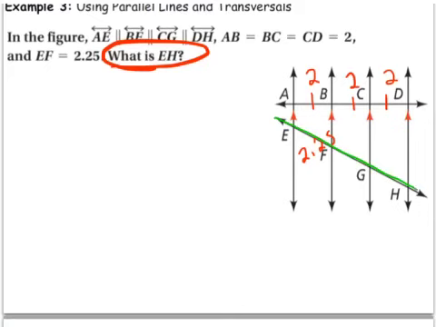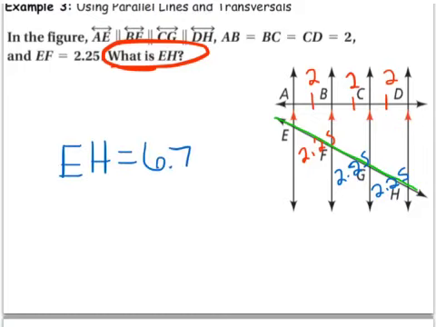If we know that EF was 2.25, then you probably know what to do. This must also be 2.25, then this is also 2.25. And 2.25 plus 2.25 plus 2.25 will give you 6.75. Therefore, EH equals 6.75.